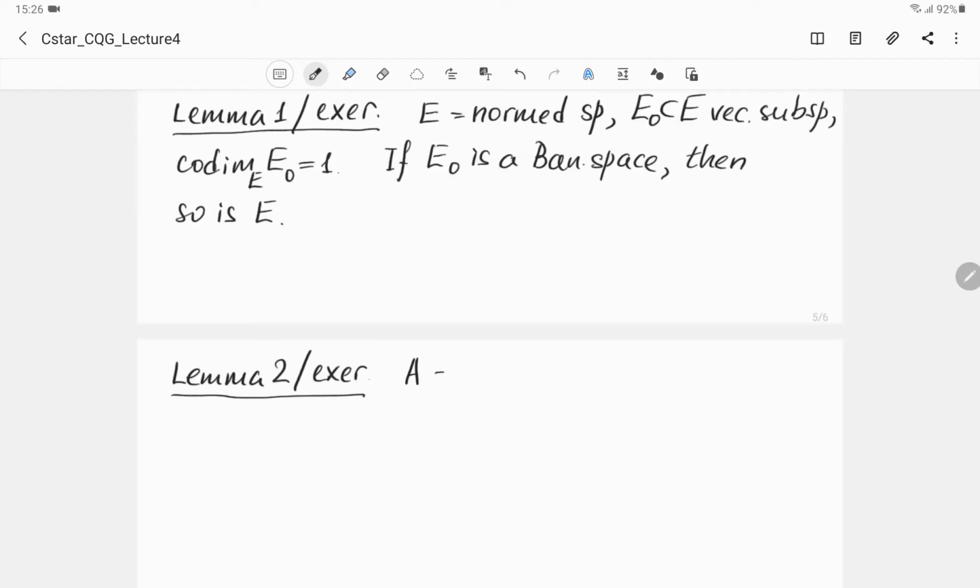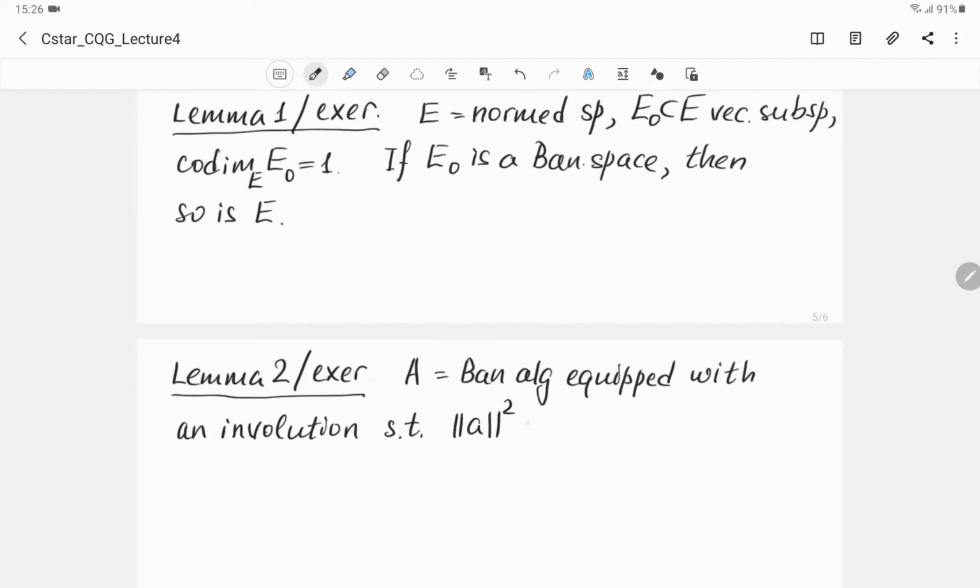Suppose that A is a Banach algebra equipped with an involution such that we have the following weakened C-star axiom: the norm of A squared is less than or equal to the norm of A star A for each A. Then A is a C-star algebra.